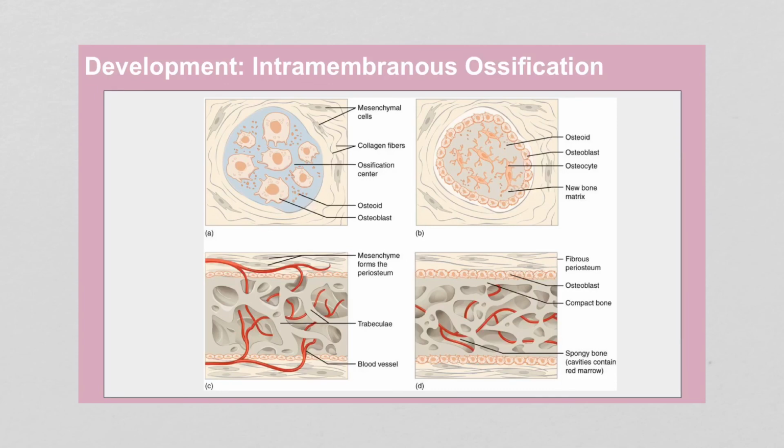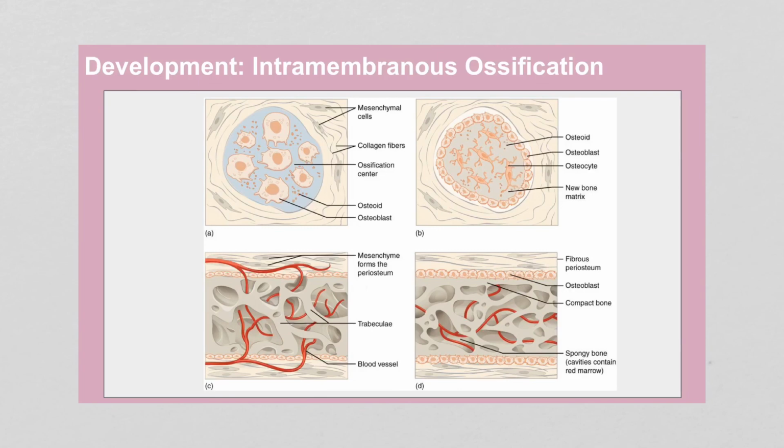Okay. Another thing that happens is that blood vessels are going to weave their way into the center of the bone. And we end up with this spongy bone in the center where bone forms around the blood vessels. And we have these columns of trabeculae and lots of blood vessels.